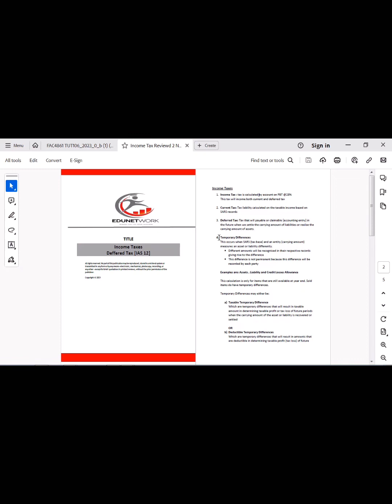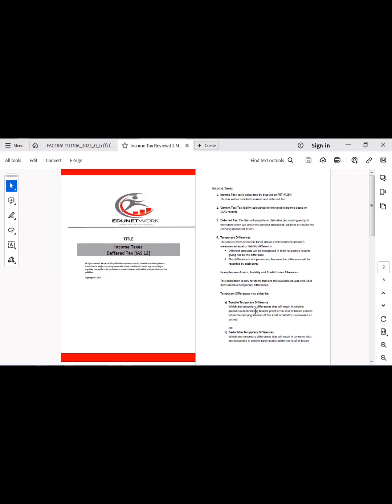I'm just going to use a simple example. Don't worry about the figures. What's important is for you to understand the principle behind what I'm trying to bring across. The other thing that I will explain is what they call a taxable temporary difference. Many times people struggle with the taxable temporary difference and the deductible temporary difference.